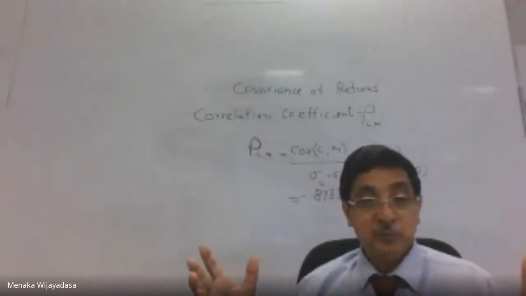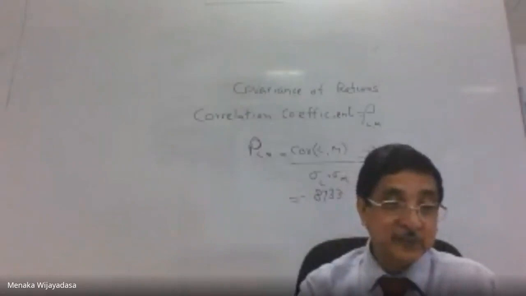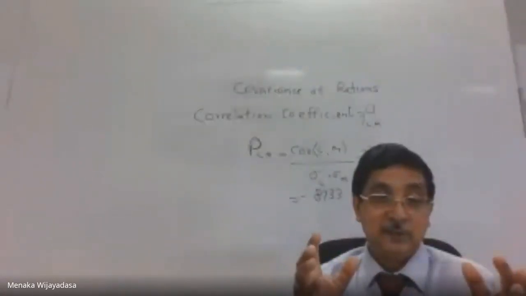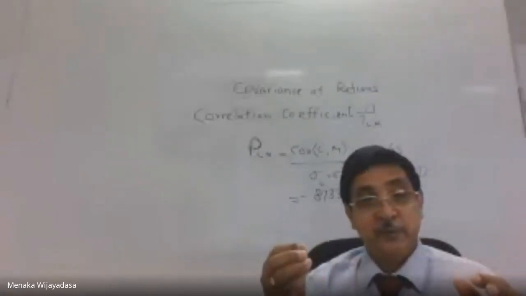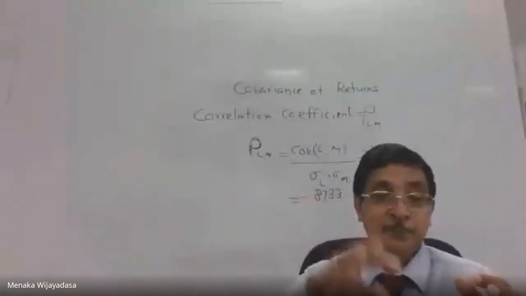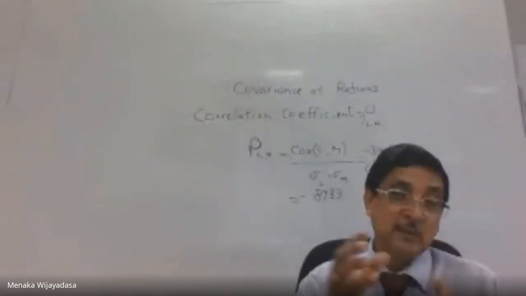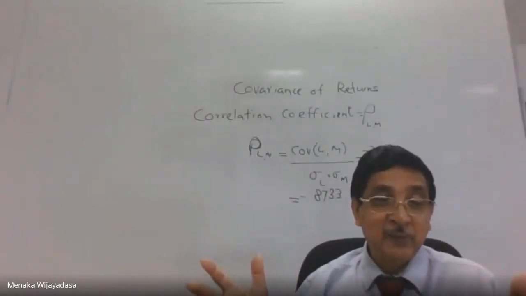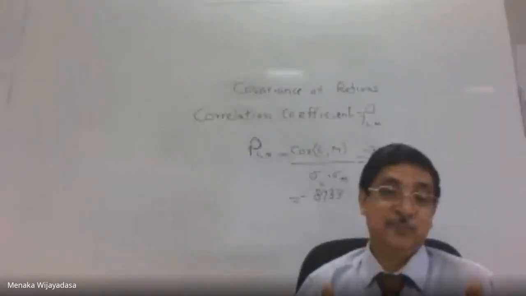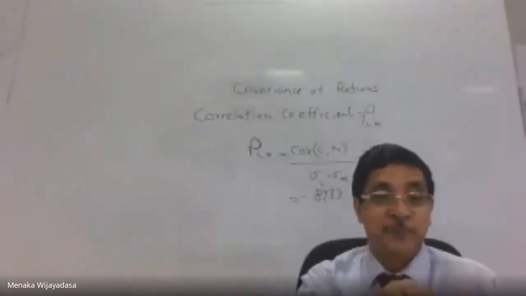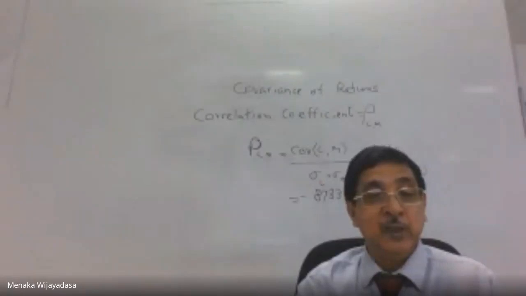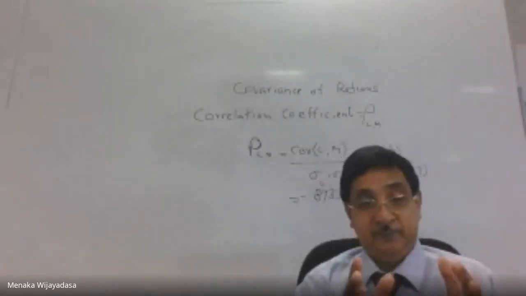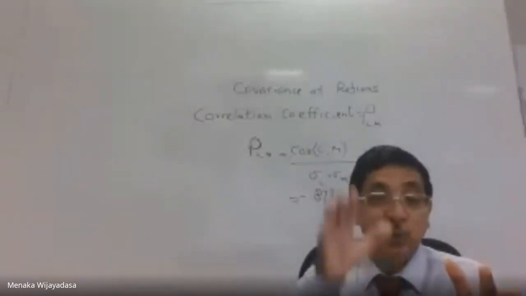Now, when you add another asset into your portfolio, there are two assets. Now you can do this adding up continuously. If you add another asset, you will have a portfolio with three assets. When you add more assets, you might end up with a better return and lower risk.